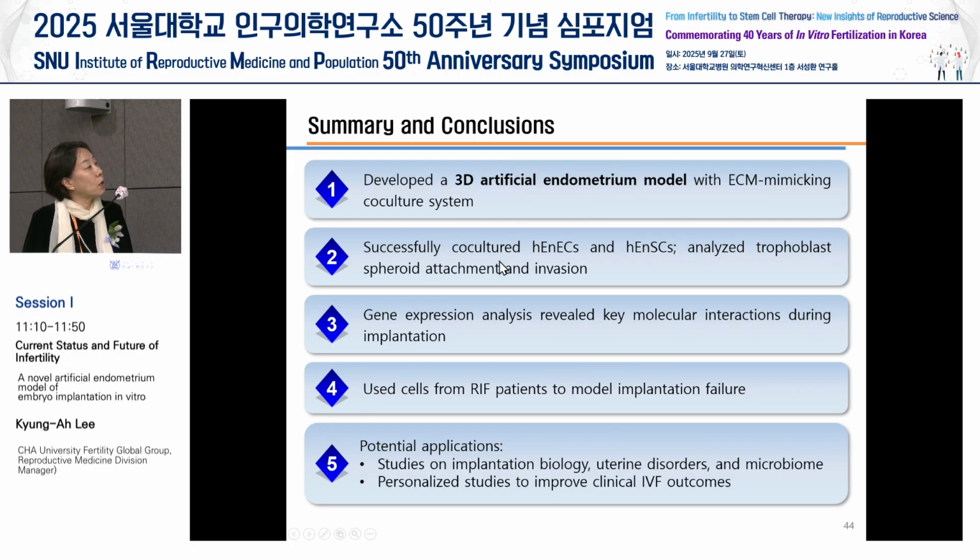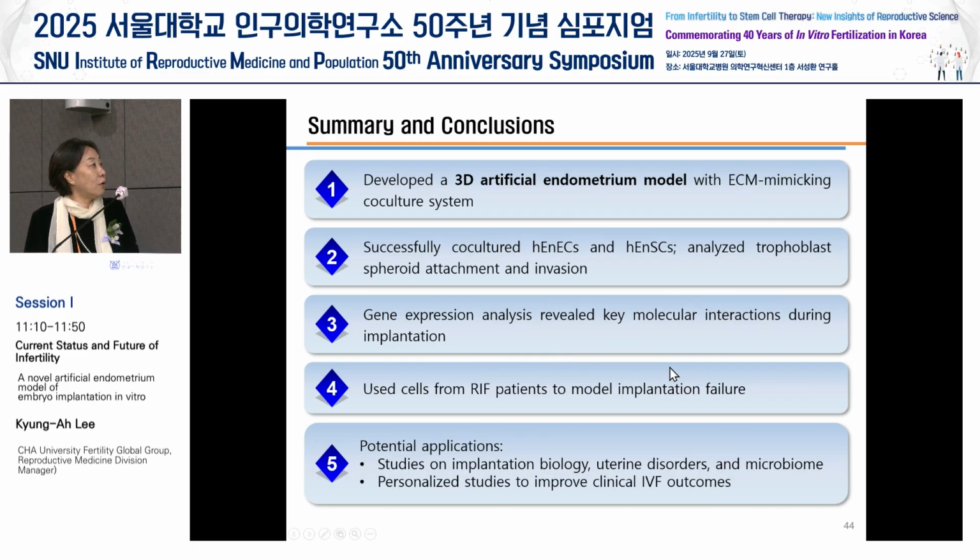We successfully co-cultured stromal cells and epithelial cells with trophoblast spheroids to study attachment and invasion here. For gene expression analysis, the sample wasn't enough to do single-cell RNA-seq for each patient, but that was a couple of years ago.